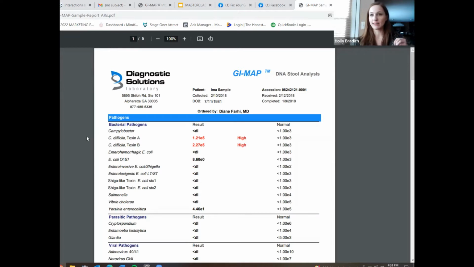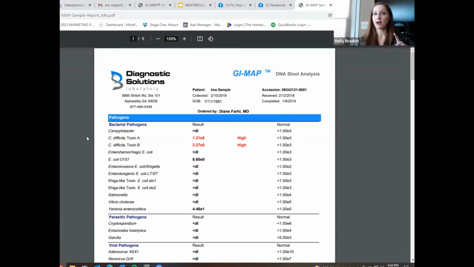So the reason I prefer this one over others, there are some that we offer at the clinic that are stool tests done by culture, which means they take it and they grow it in a petri dish in the lab, and they see what grows, and then they determine what bacteria is in there based on what grows. The problem with that is it's only culturing what's alive when it comes out, right?